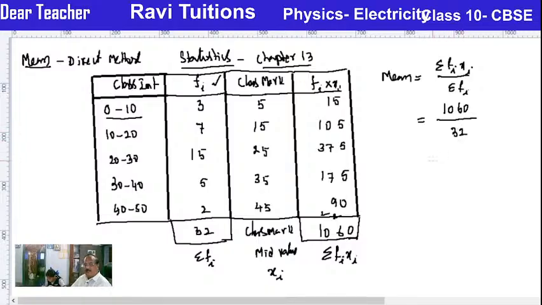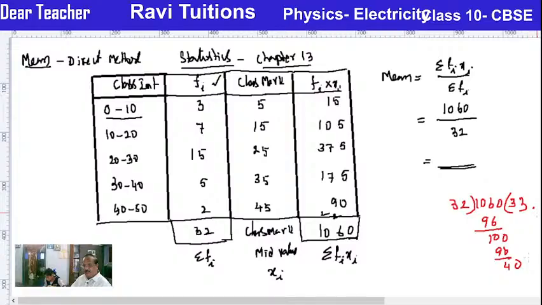Now you have to write the answer here. How to write the answer? You divide it. 1060 in the rough column, you divide it with 32. 3 times. 3 2s are 6, 3 3s are 9. 0 1. Again 3 times. 96. 4.